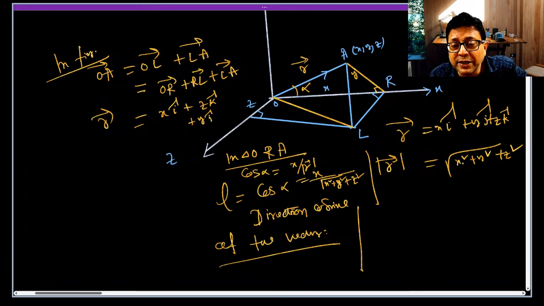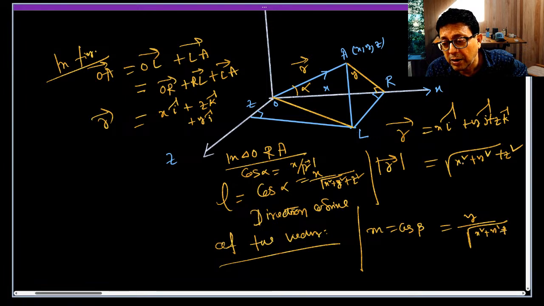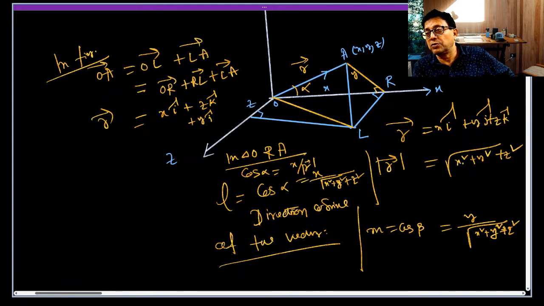Similarly, if you draw a beta diagram, m equal to cos beta equal to y by under root x square plus y square plus z square. This is called another direction cosine.